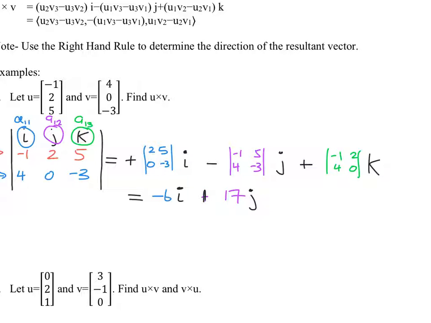And then the last one, poor quality plus sign. The last one is just a negative 8, so minus 8k. And so what this is, is the vector that is orthogonal to the two given vectors.